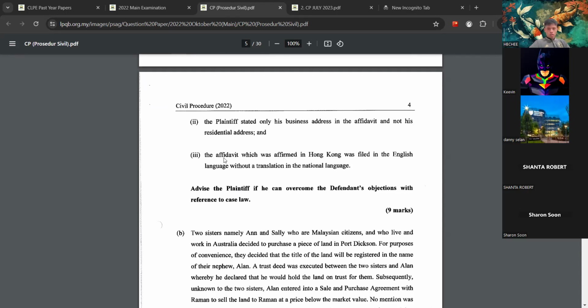Third one: the affidavit affirmed in Hong Kong is in the English language without a translation in the national language. How to overcome it?